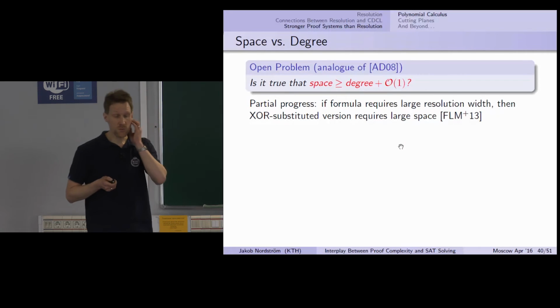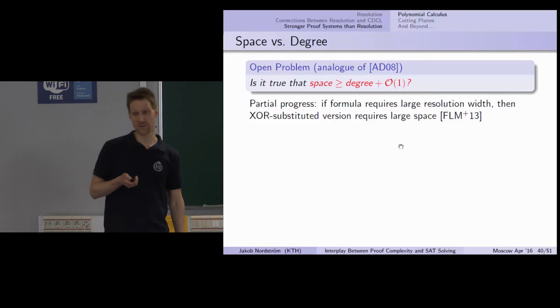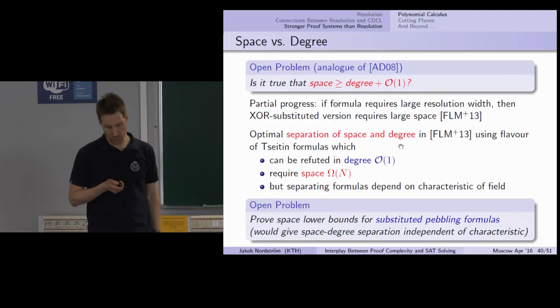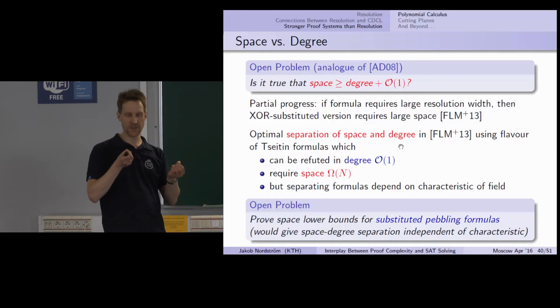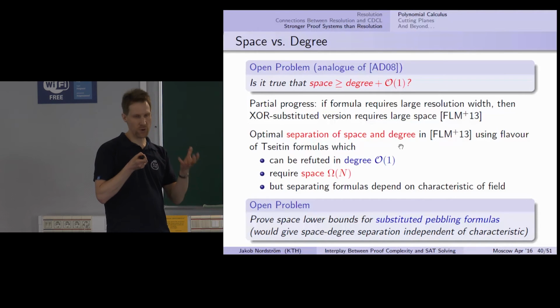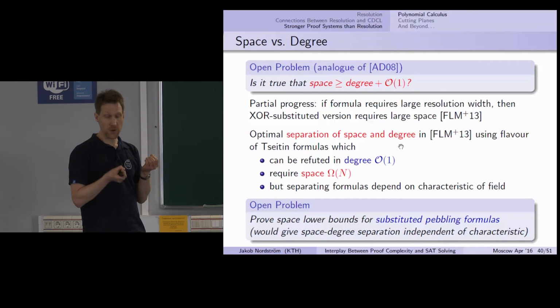So for resolution, we knew that width is a lower bound on space. It's a great question whether the same thing holds for polynomial calculus. We don't know. And also, for resolution, we can separate width and space. We know that there are formulas that require very small width, but require large space.